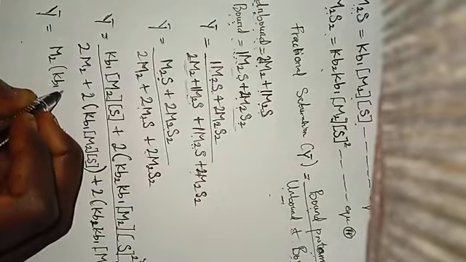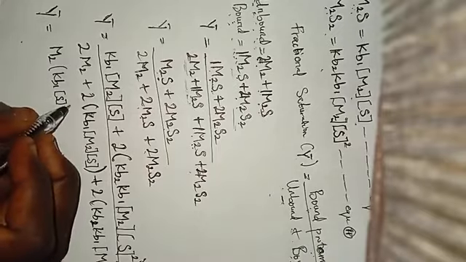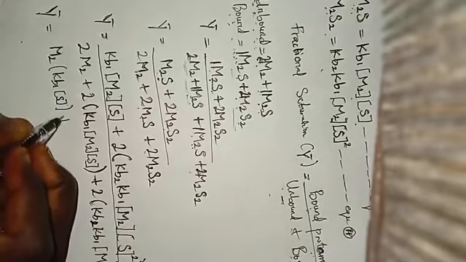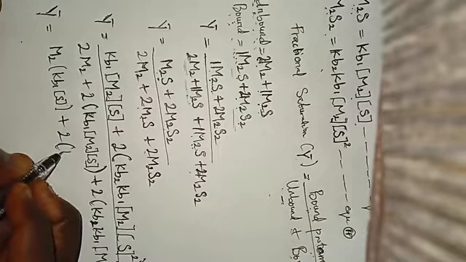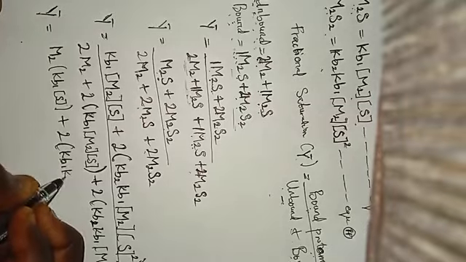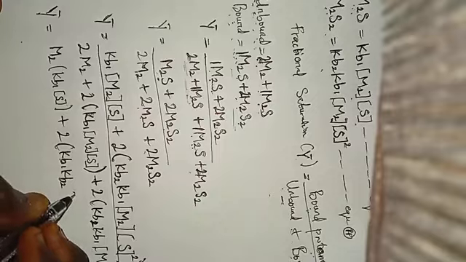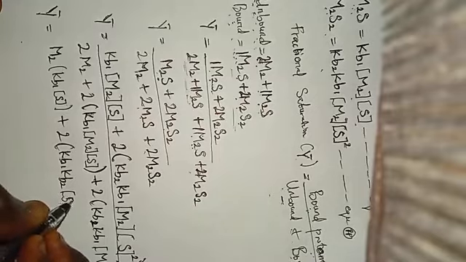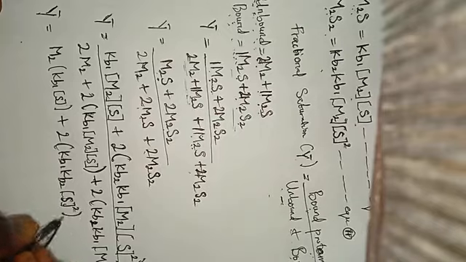KB1 S, plus 2, open bracket, KB1, KB2, then S square, right?